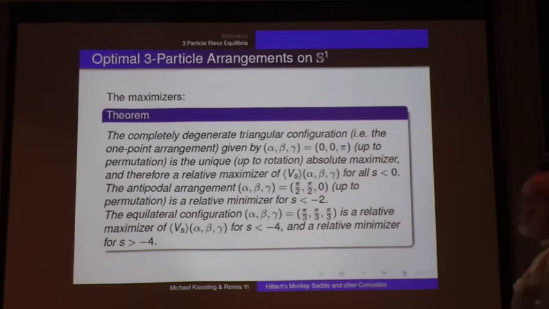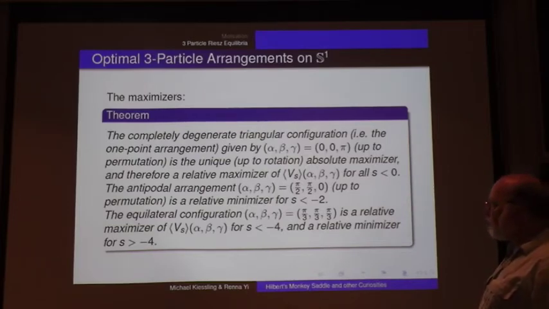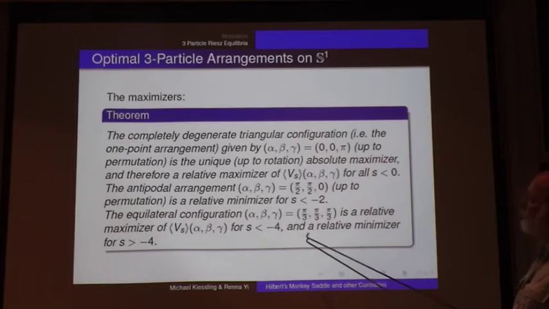But also, if 2 particles are sitting on top of each other and the other one elsewhere, namely antipodal, that will be a relative maximizer when s is large enough. And moreover, interestingly, the equilateral configuration is also a relative maximizer when s is less than -4.